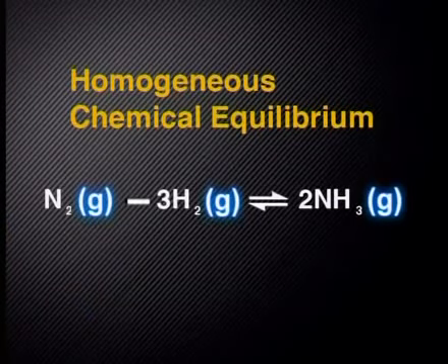This reaction is important in the fertilizer industry. The reactants and products are all in the same phase in this chemical equilibrium, so we call it a homogeneous chemical equilibrium. Let's have a look at the microscopic view of this reaction as we look at the graph.